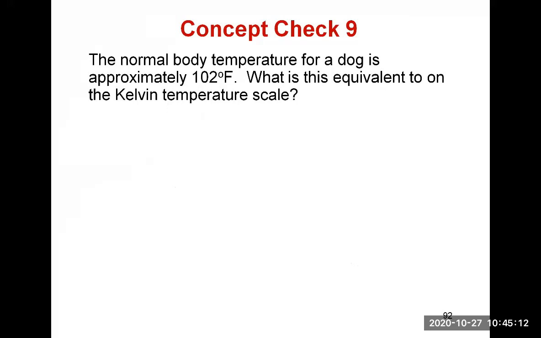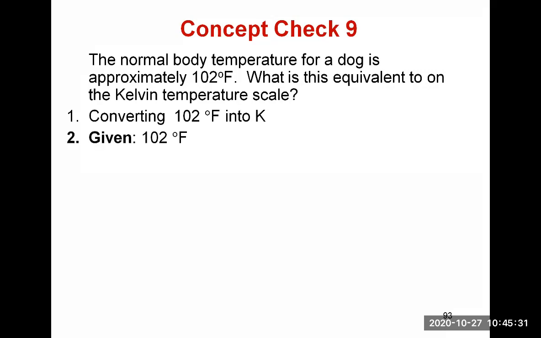So the first thing you want to ask yourself is, what is the problem asking for? So it looks like we need to convert into Kelvin and that we have 102 degrees Fahrenheit to convert into Kelvin. So the given is 102 degrees Fahrenheit. And we need to convert that into Kelvin. So we need an equation between Fahrenheit and Kelvin.